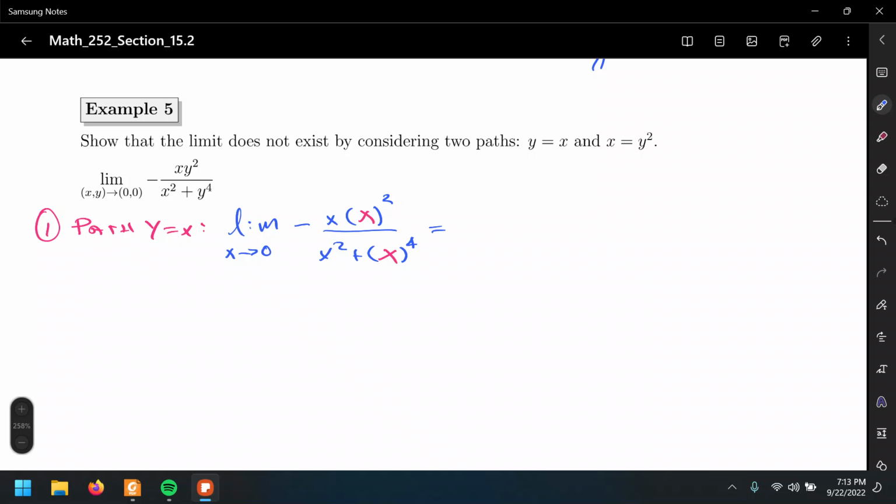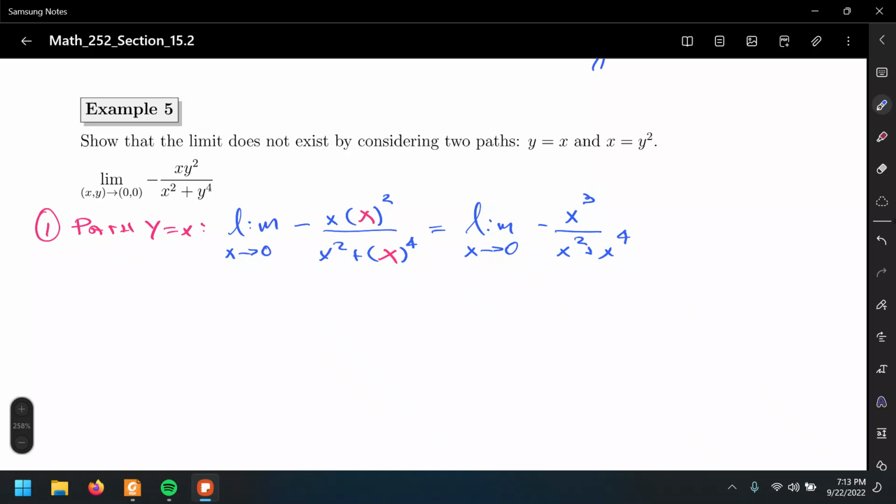So let's simplify this. x to the second, well, that's x squared times x. That's negative x cubed. And then x squared plus x to the fourth, that's just x squared plus x to the fourth. And limit as x approaches 0.